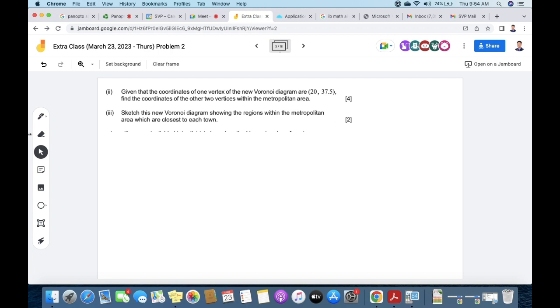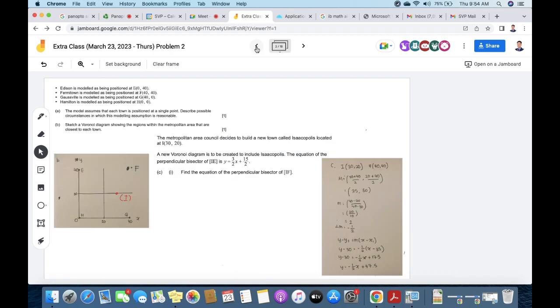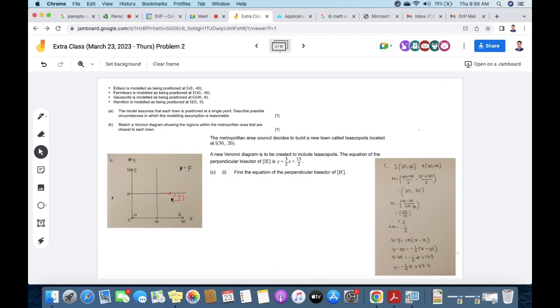So even if this comes last, my suggestion is for you to do this first, the part 3. And then once we have done part 3, then we can find already where this is located, and we could also find out the other two vertices. All right? So I'd like you to draw the new Voronoi diagram including point I.